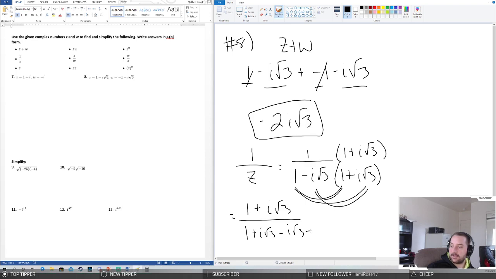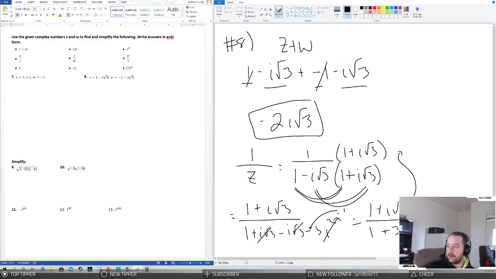I times i is i squared. Root 3 times root 3 is root 9. Root 9 is 3. So that's going to give me 1 plus i root 3 over 1. Now, i squared is negative 1. Negative 1 times negative 3 is positive 3.